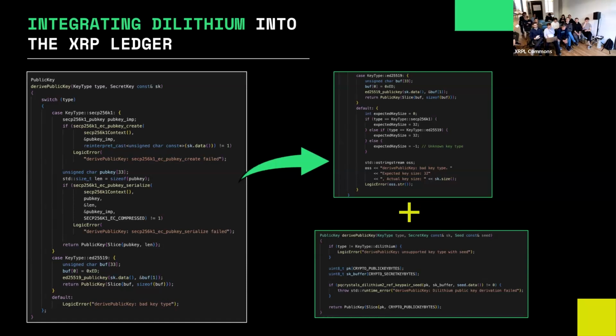So whenever the function is called using the 3 parameters, as in the third screenshot you see, the key type, the secret key, and the seed, the ledger would know that this key type is dilithium, so it's going to perform all the operations as instructed in dilithium. We also added some key size checks, so it would be able to differentiate between the key types SECP and ED, since they have the same public key size and secret key size.